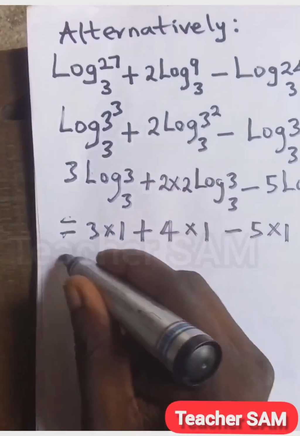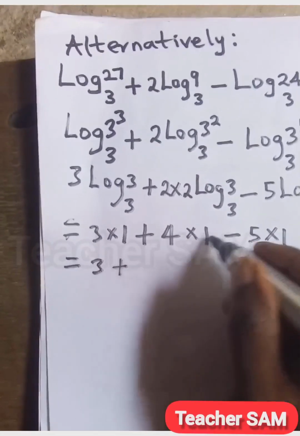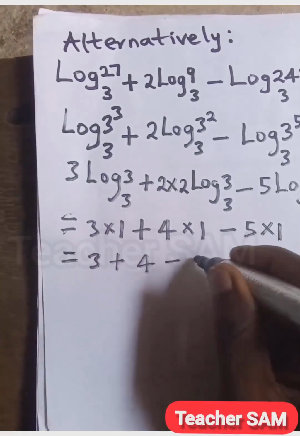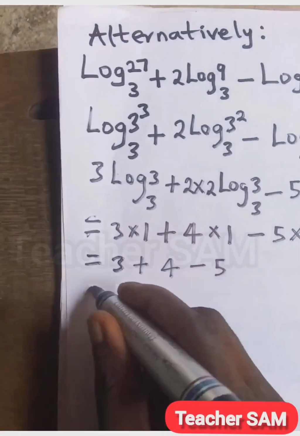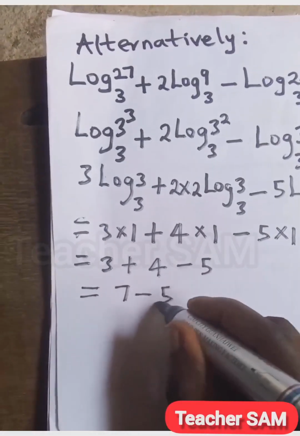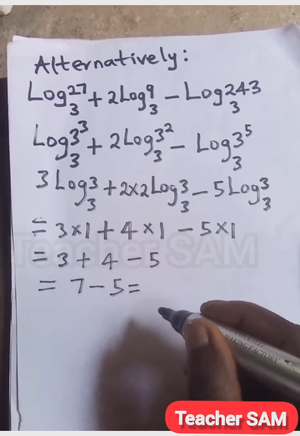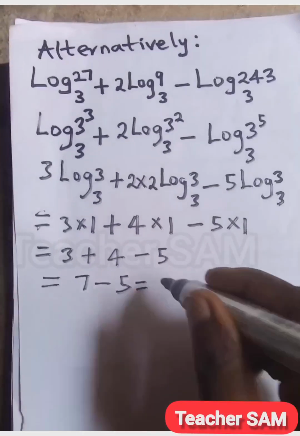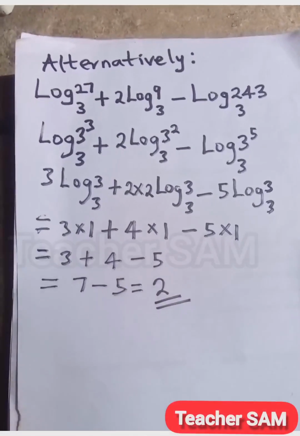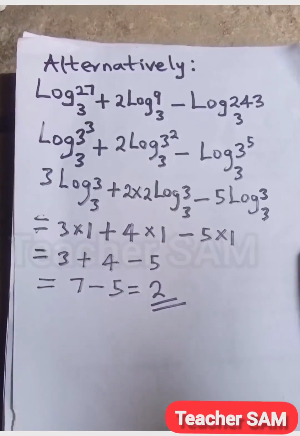So we have 3 plus 4 times 1 is 4, minus 5 times 1 is 5. 3 plus 4 is 7, minus 5 gives us 2, which is the same thing as what we had in the first method. So whichever way you want to use, you can still solve this question and still have the same answer.